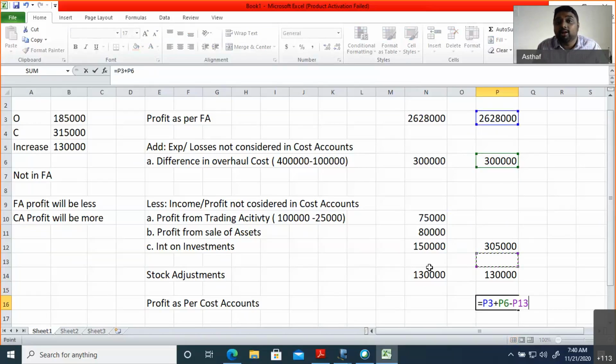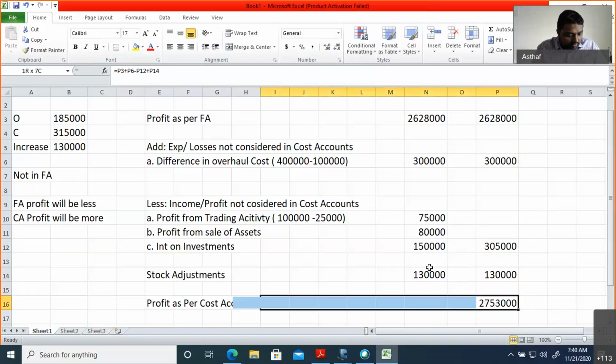Second item, we have to deduct. Next item, we have to add. Stock adjustment, we have to add. So it will be 27 lakh 53,000. So if you approach each case in such a way, you will never make a mistake.